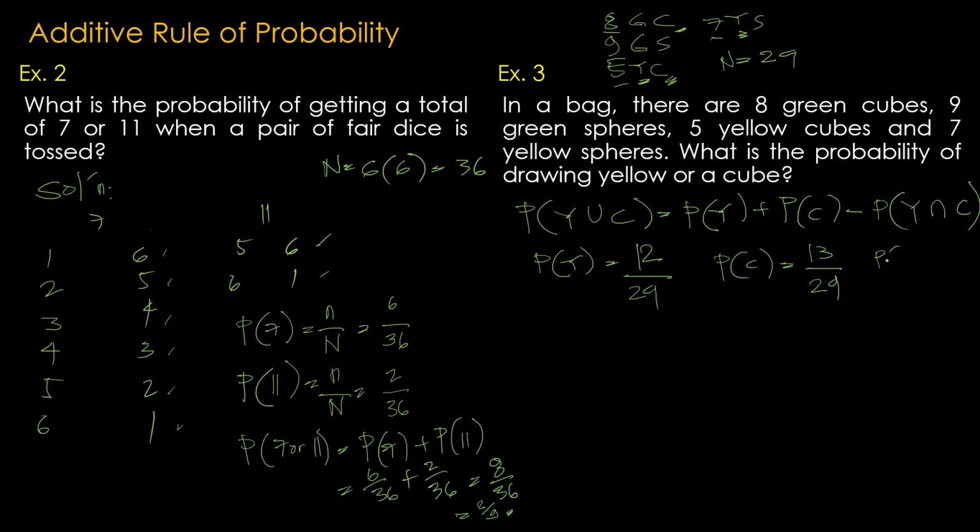And lastly, we have the probability of the intersection of yellow and cube. So that would be the yellow cube. What is our yellow cube? That would be 5 over 29.